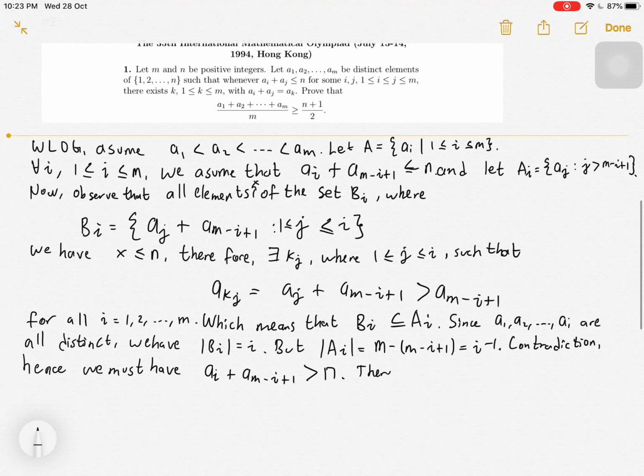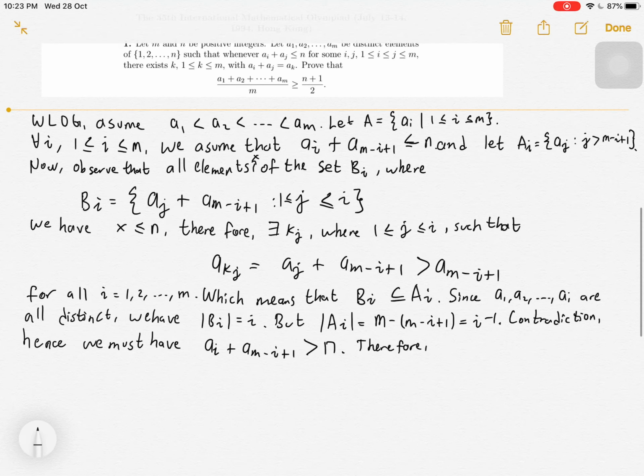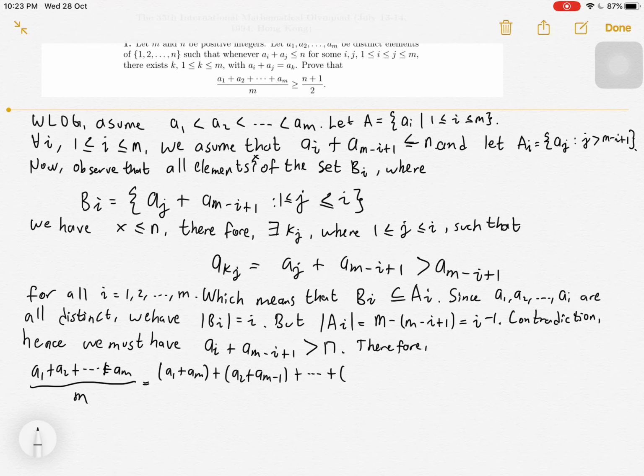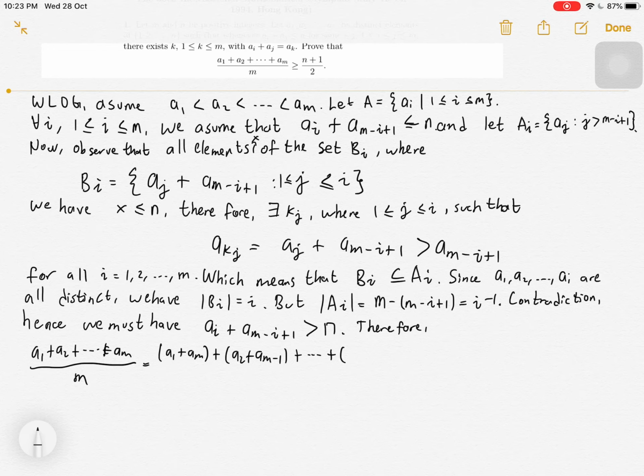Therefore, a_1 plus a_2 and so on plus a_m over m will be equal to a_1 plus a_m, plus a_2 plus a_{m-1}, up until the middle one, let's just call it some a_k plus a_{m-i+k+1}.